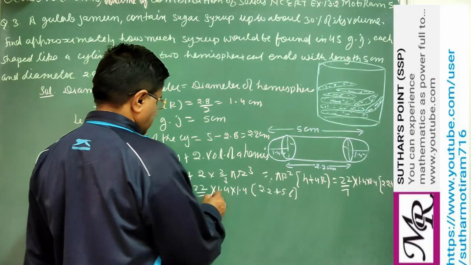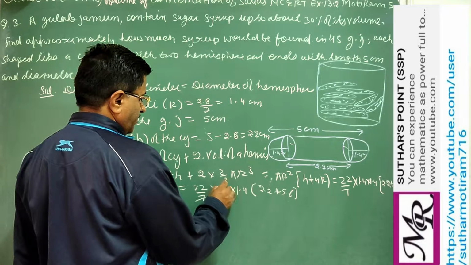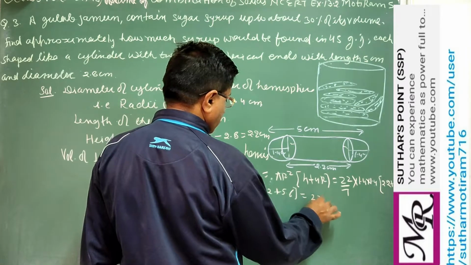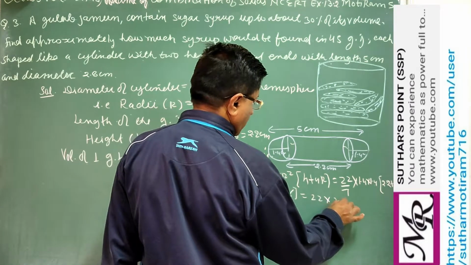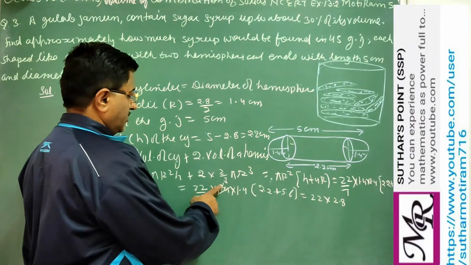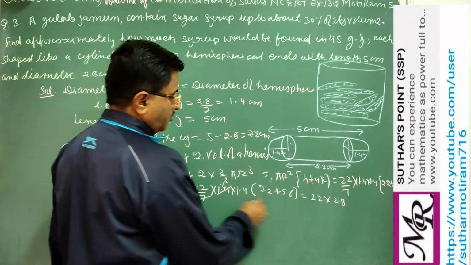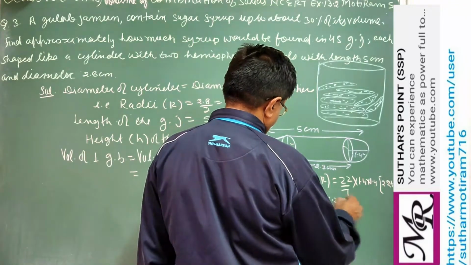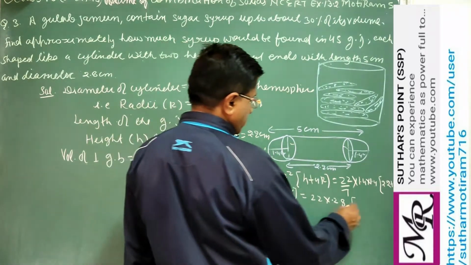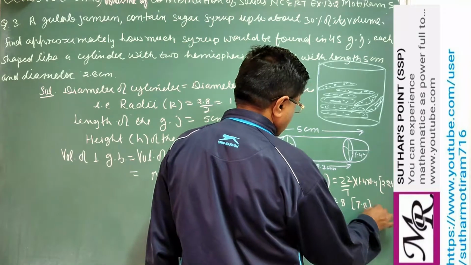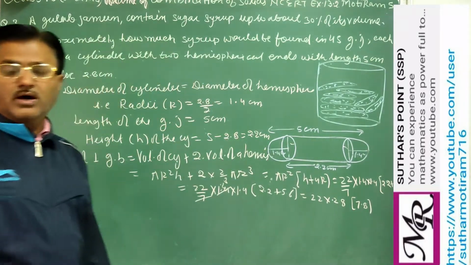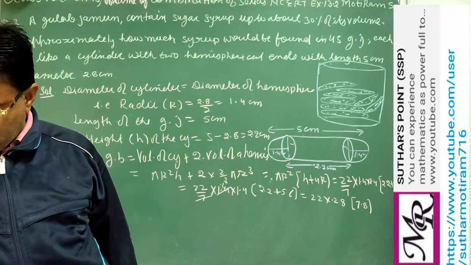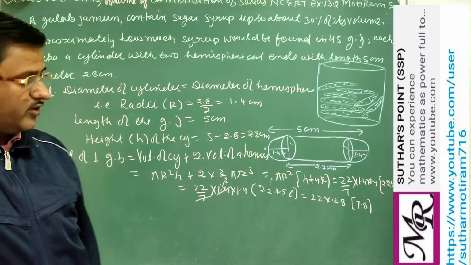Clear? So this can be divided by 0.2. So finally what we get? 22 into 0.28, and 2.2 plus 5.6 that is 7.8. So this is the volume of 1 gulab jamun, but we need the volume of such 45.